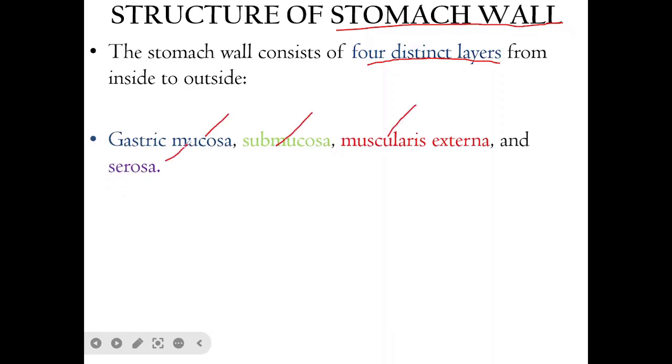The innermost layer is the mucosa layer, next comes the submucosa layer, then the muscularis externa, and the outermost layer is the serosa.